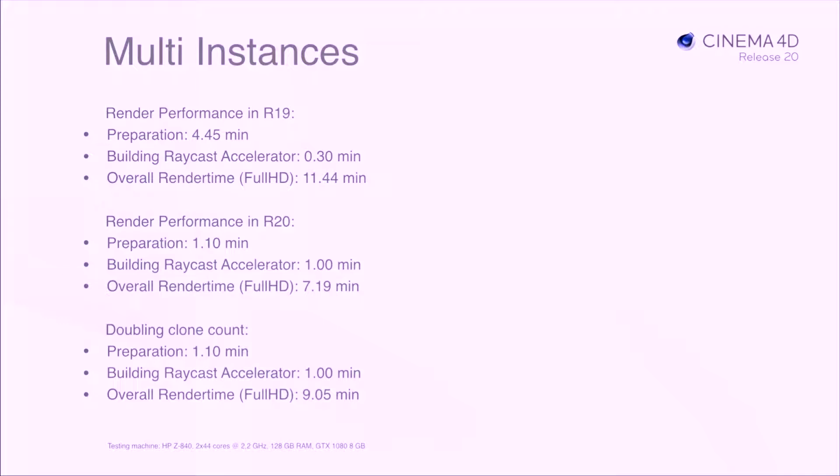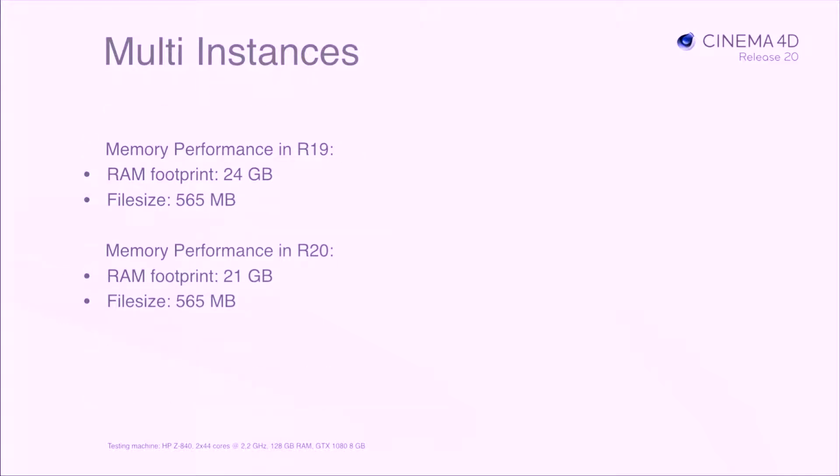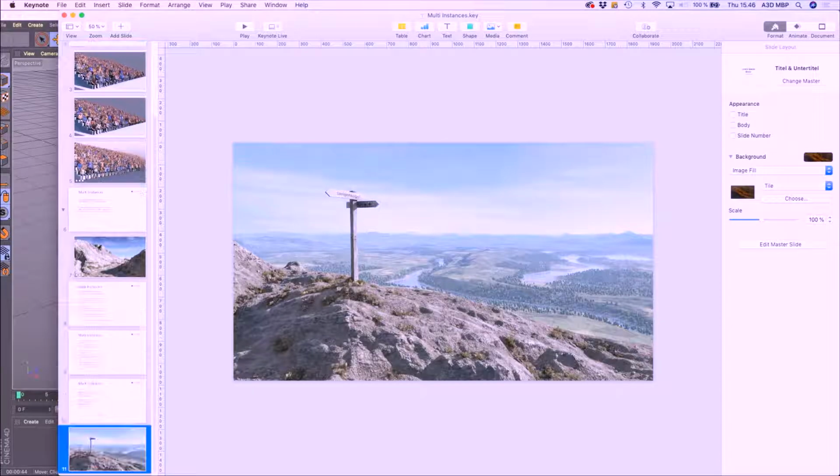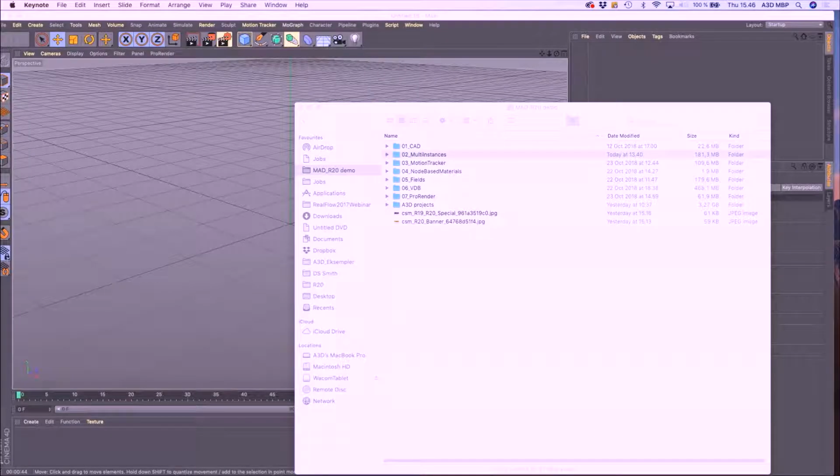I don't really know why, but it's slightly longer, but the end result is significantly faster. And the RAM footprint and file size, well, slightly less RAM, but the same file size. Yes, that's it for the multi-instances.